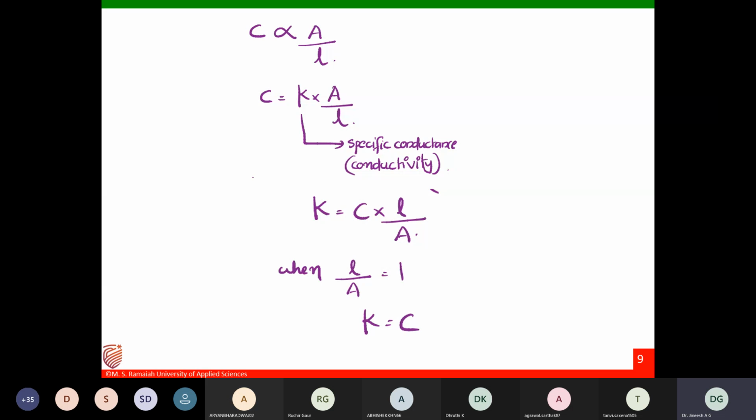Yes, sir. Now you can ask a question to me. Sir, length and area for a solid material we will be able to measure, but how will you measure the length and area of a solution? The question can come, right? It is a liquid.